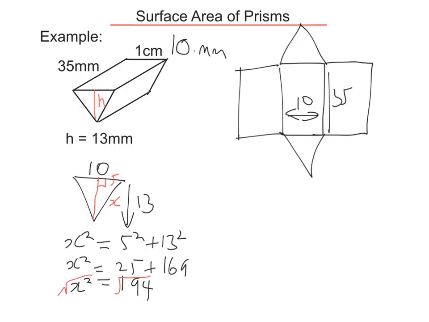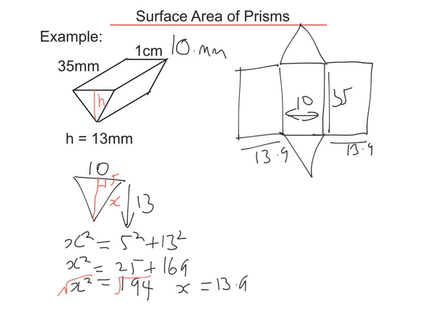So x will be the square root of 194, which is 13.9. So these sides here are 13.9. So that's the trap with this question here. Even though it's got 3 rectangular sides, they're not all the same.